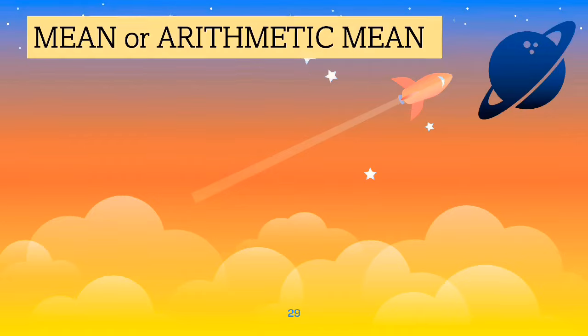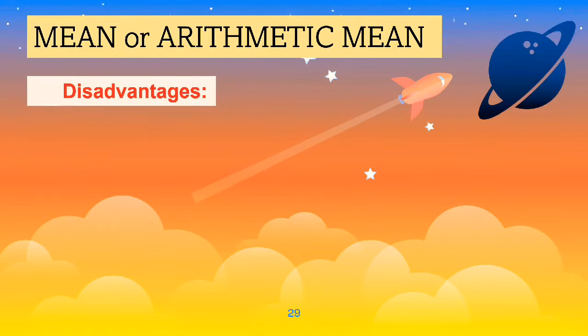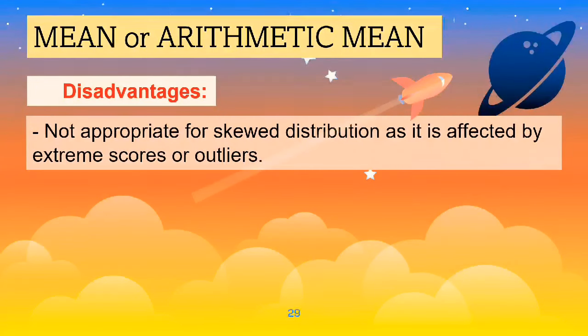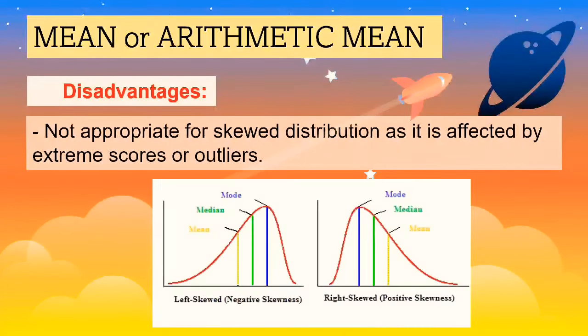And since this kind of measure of central tendency is affected by extreme scores or outliers, it is not appropriate for skewed distributions.